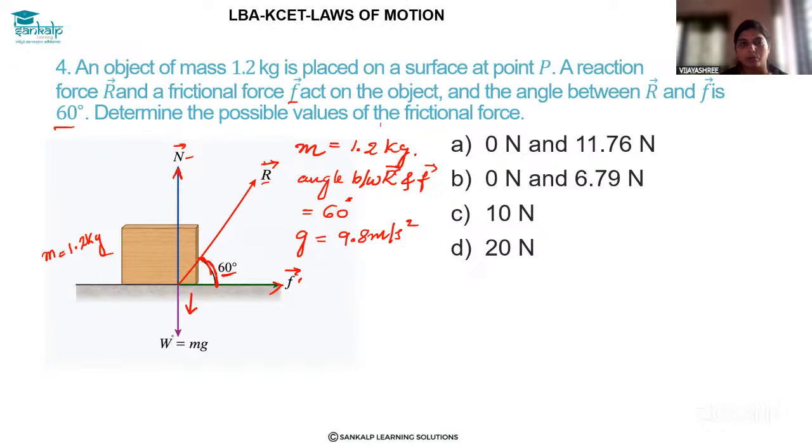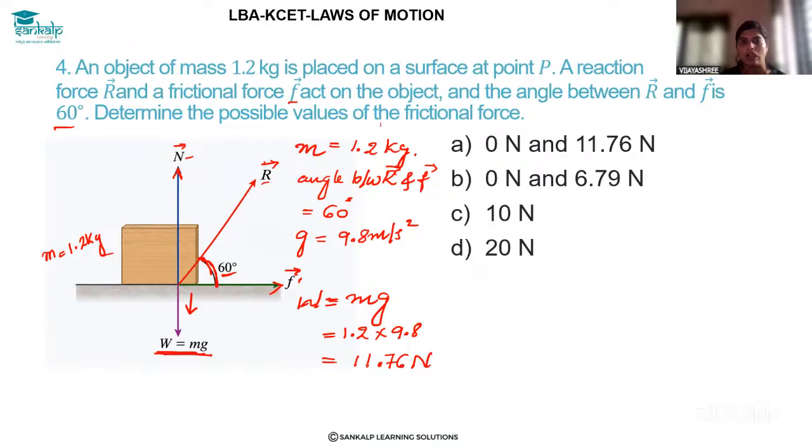So the weight of the object, acting in downward direction, W is equal to m into g, which is 1.2 kg times 9.8 meter per second square. 1.2 into 9.8 gives 11.76 Newton.